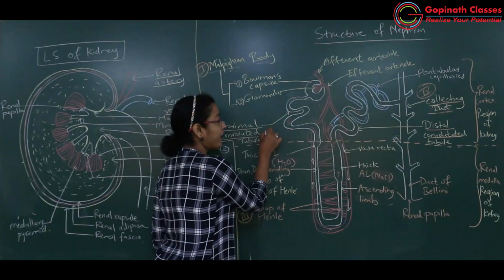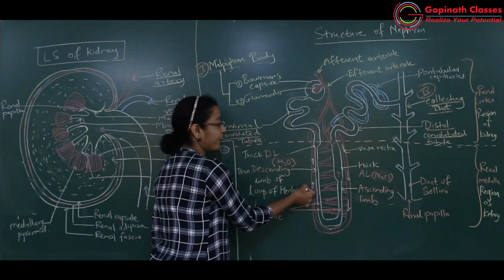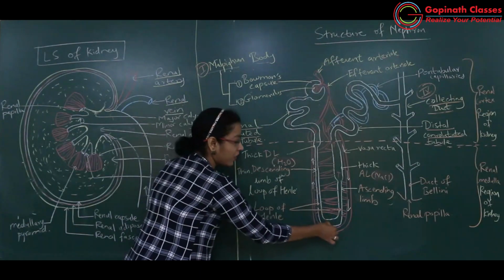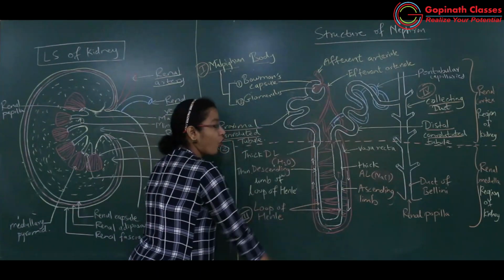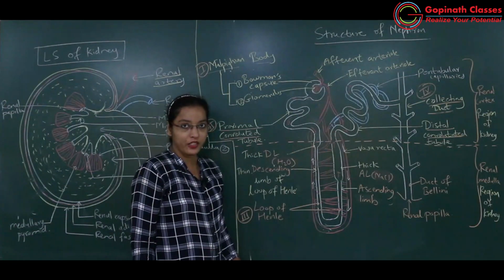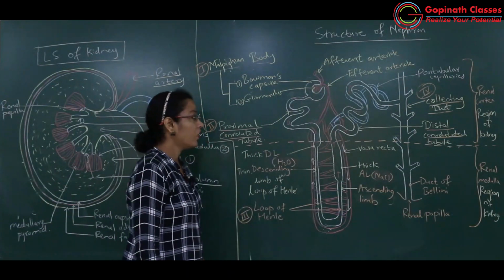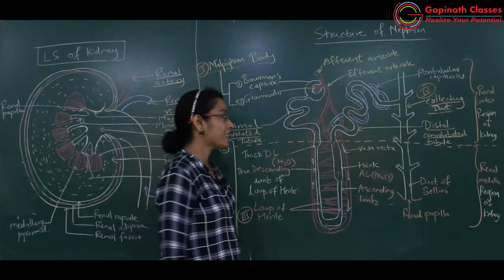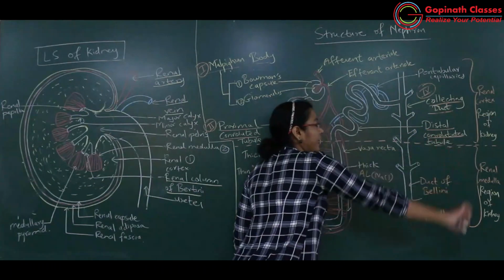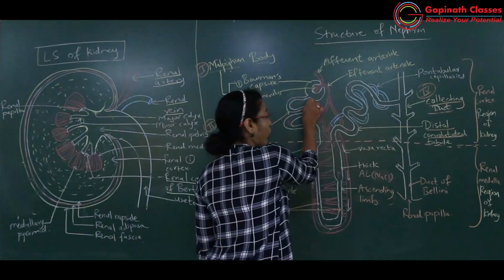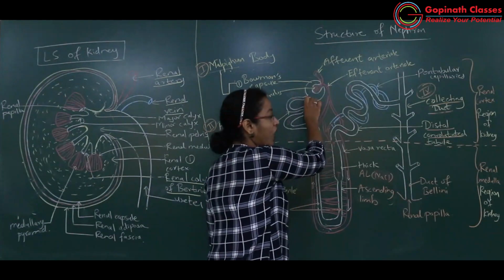Then the second part of the renal tubule of the nephron is the loop of Henle. This is the loop which is formed, a hairpin loop like structure. Then the third part of the renal tubule is the distal convoluted tubule. Distal because it is away from the Bowman's capsule.